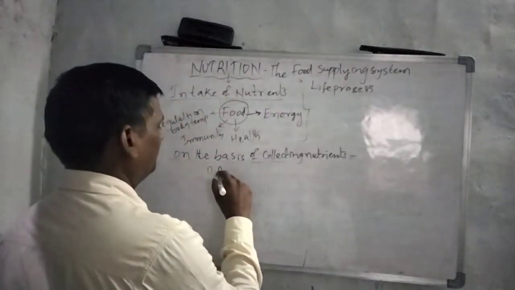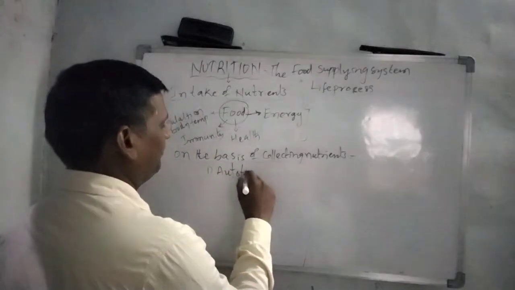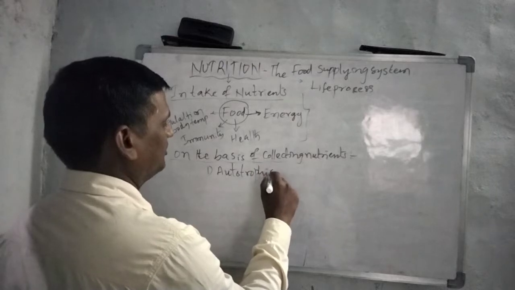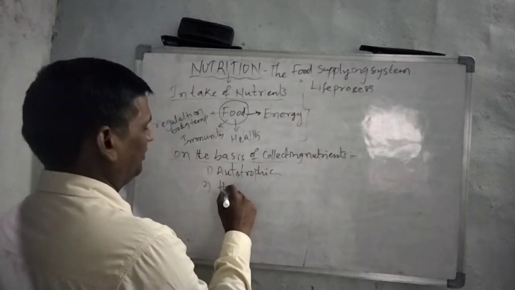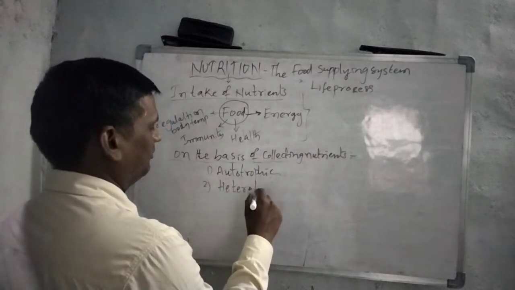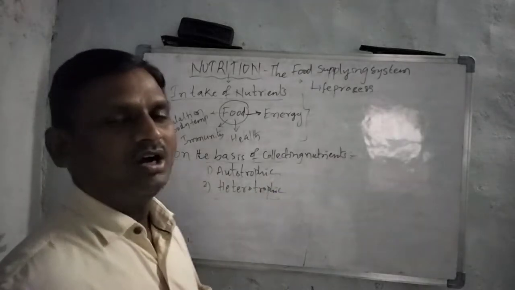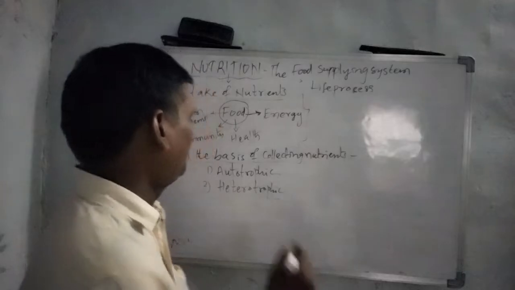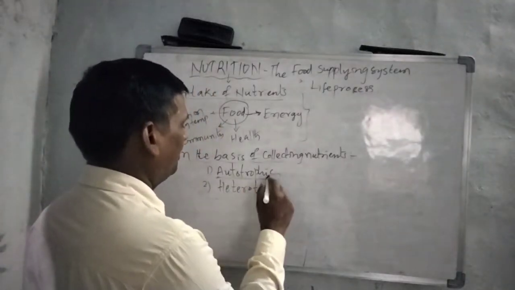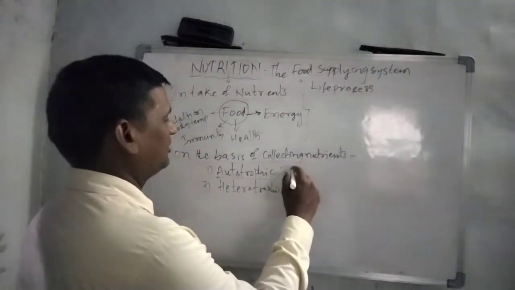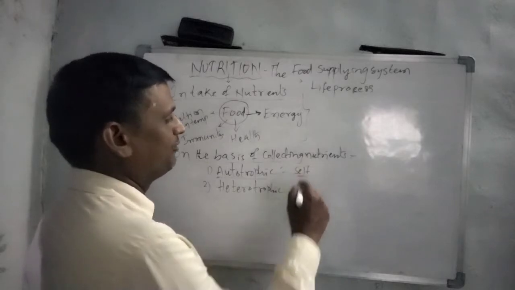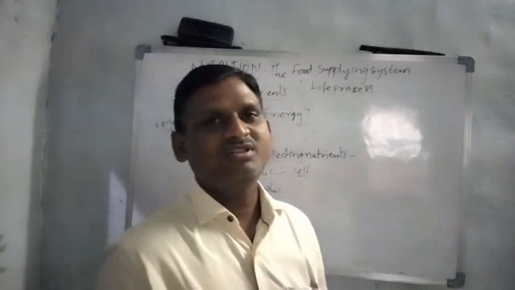One is autotrophic nutrition, whereas the other is heterotrophic nutrition. See, autotrophic nutrition. What is the meaning of autotrophic? Autotrophic means, auto means yourself. We can understand auto means yourself.